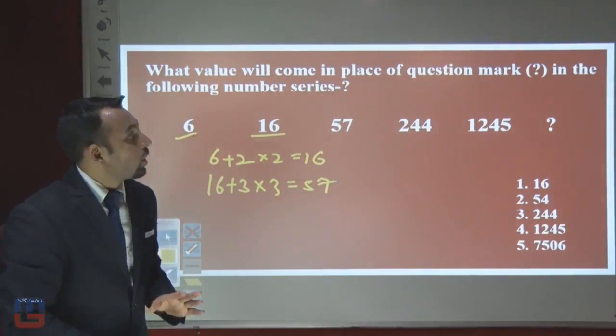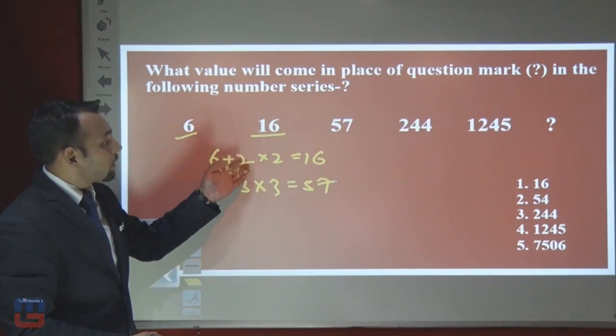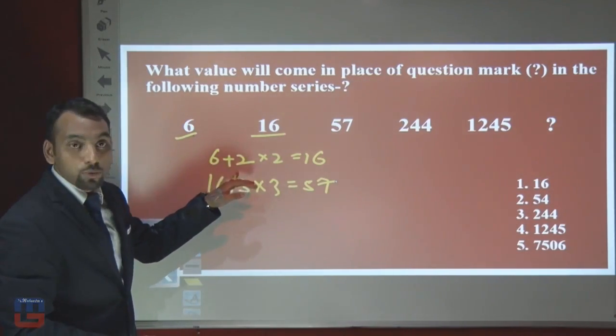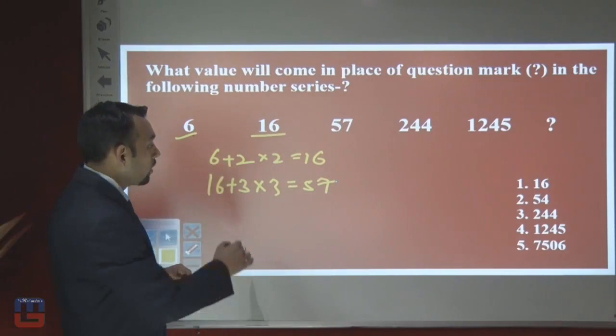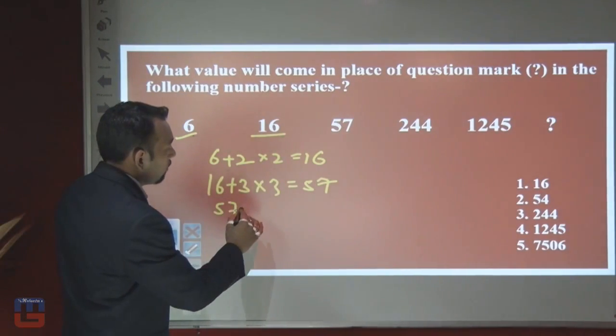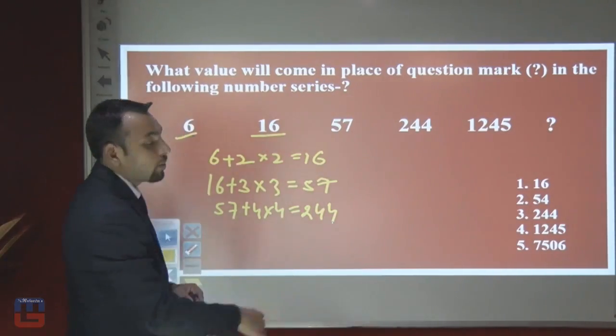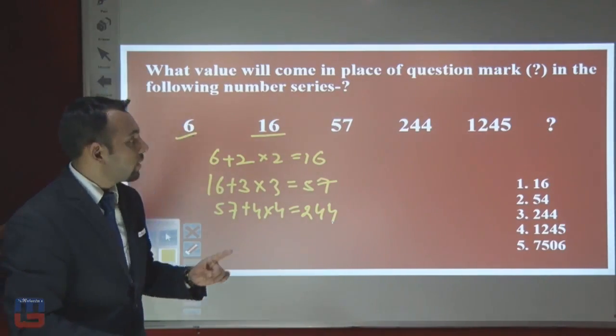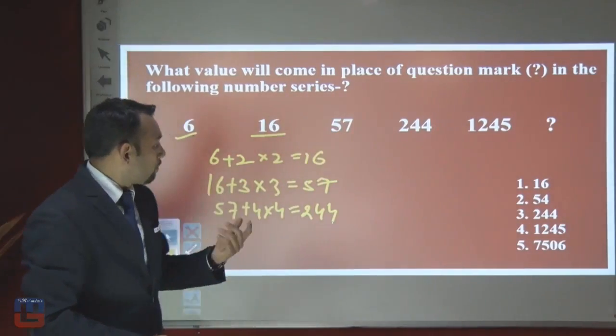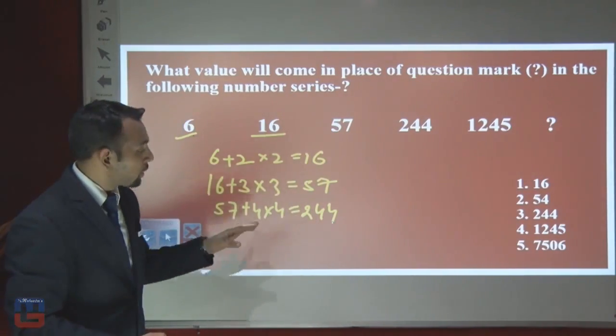57. Alright. On the same way, because we are adding 2 and multiplying by 2, what we will do, 57 plus 4 multiply 4, you will get 244. Alright. On the same way, 244 plus 5 into 5, which is 1245.